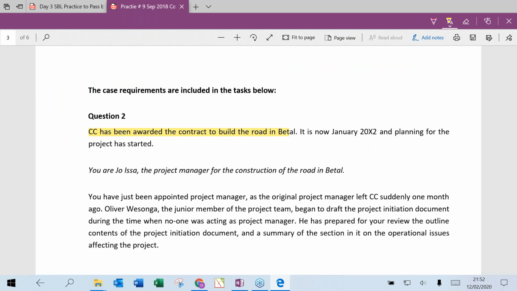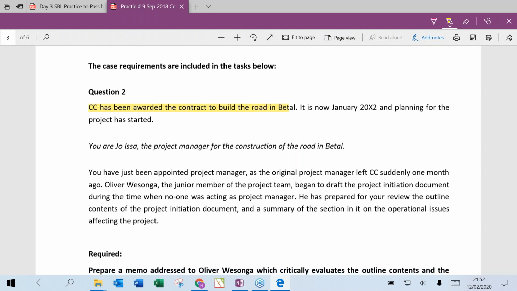It is now January 2022 and planning for the project has started. You are Joe Isa, the project manager for the construction of the road in Beetle. Wow, look at our role. We are the project manager of the largest construction project ever done by our company. Joe Isa, nice name.